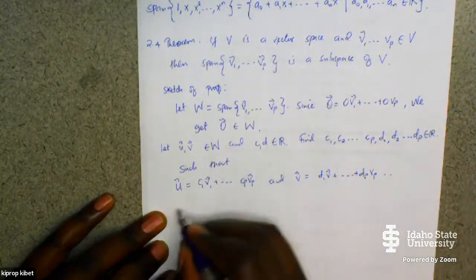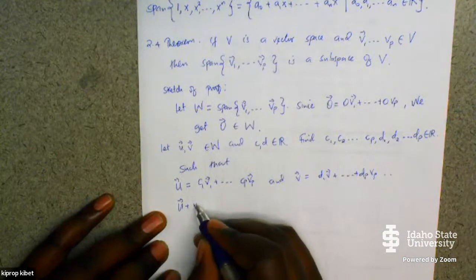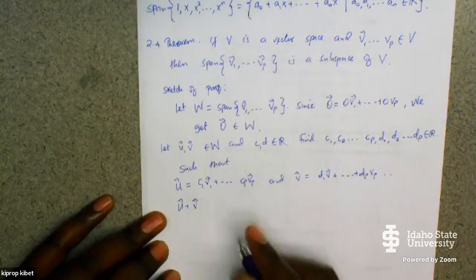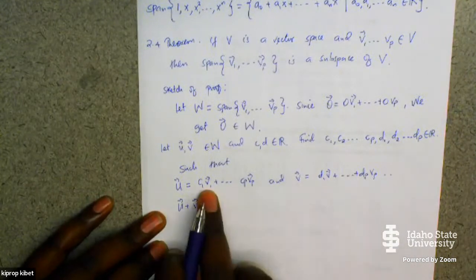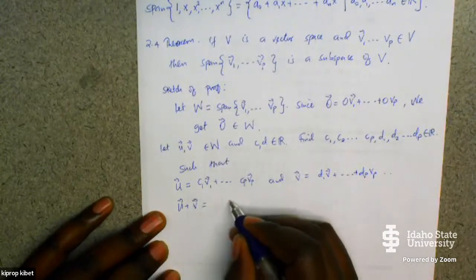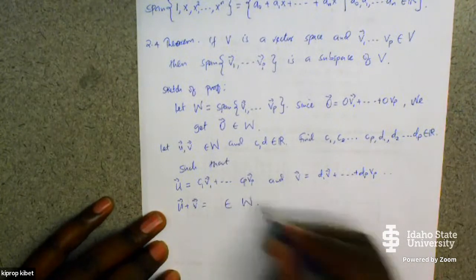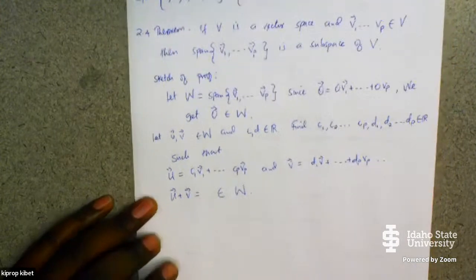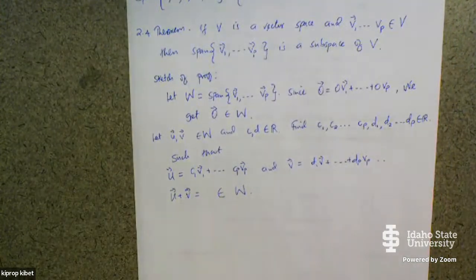So then U plus V, you just add this and this, and you will realize that this is in what? This is in W.